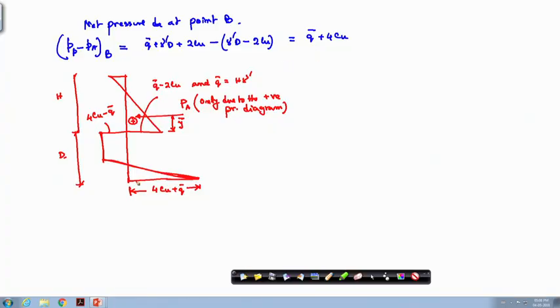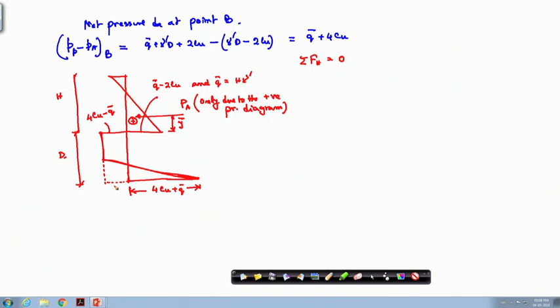Now, from this diagram I will get the expression of d. I am taking the summation of all horizontal forces equal to 0. What forces are coming? Again here I am drawing this construction line.